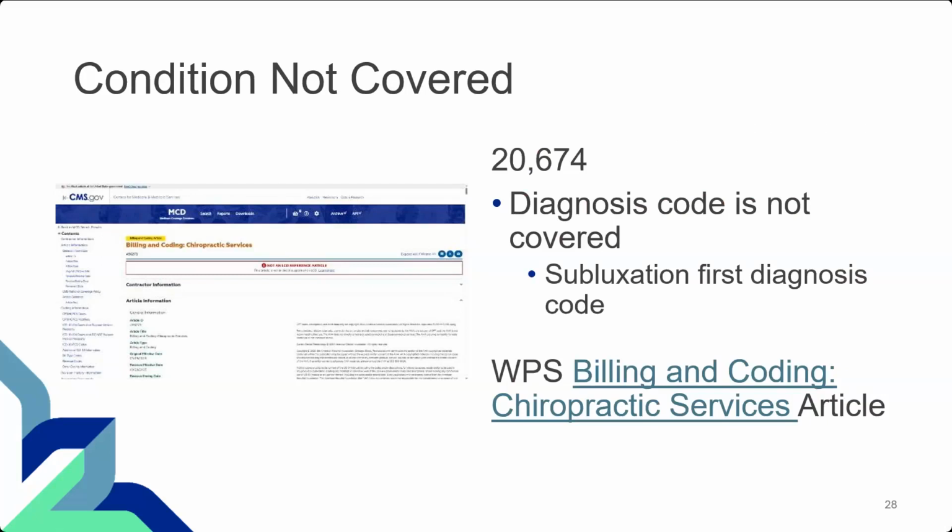It works the exact same way as the not covered one, with the exception of the fact that this is diagnosis driven because the subluxation isn't the first code. And in the article, we explain that we want the subluxation as the first code. Everything else should be supplementary. That's what drives this one to be a denial versus the other one. So while they're both not covered, this one is condition not covered versus the general not covered.